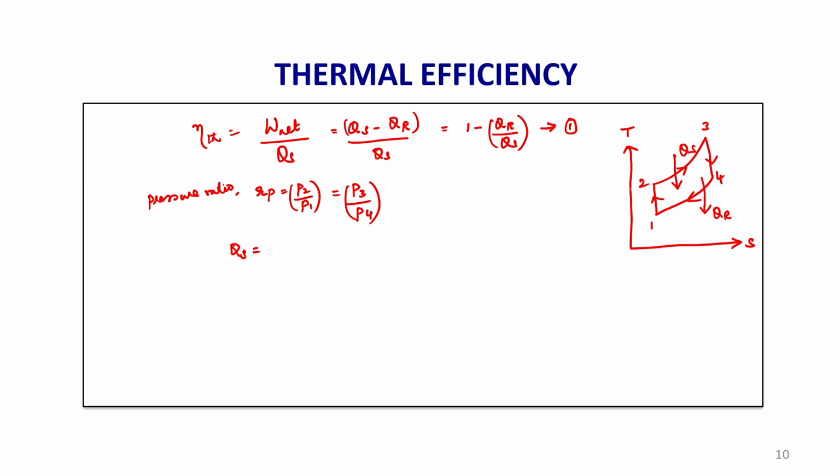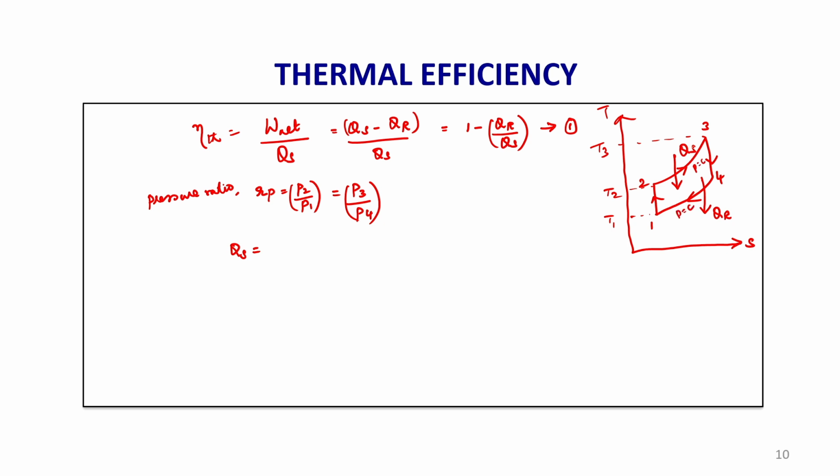This is T2, this is T1 and this is the highest temperature T3, the peak temperature that occurs in the cycle. Processes 2 to 3 and 4 to 1 are at constant pressure.